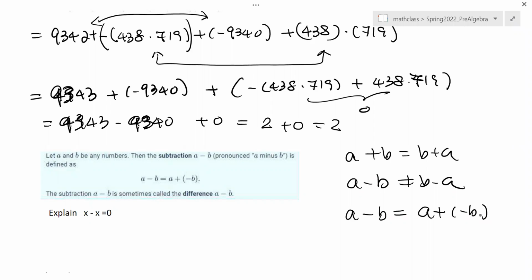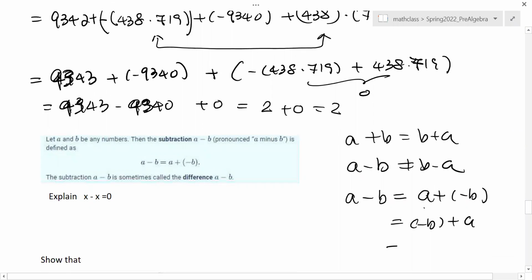For addition, you can switch the order. You can write negative b plus a. That's okay, right? But it's not b minus a. You cannot just interchange a and b. Subtraction is defined as the addition of a and the negative b, but you can interchange those two if there's a plus in the middle. So you get negative b plus a.